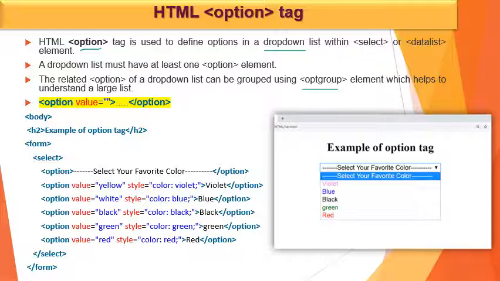So this is the option syntax which is given in the highlighted part, that is option value is in double quotation, then there will be some information in between, and then that will be end option. Now this is the example which we will consider for the option tag.